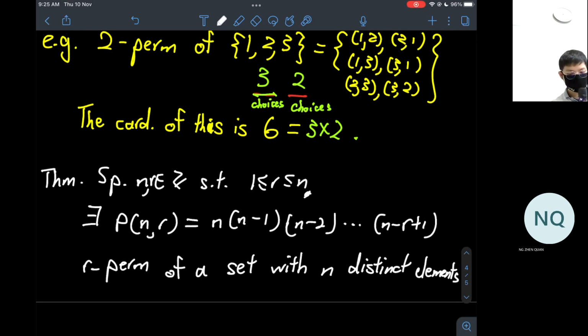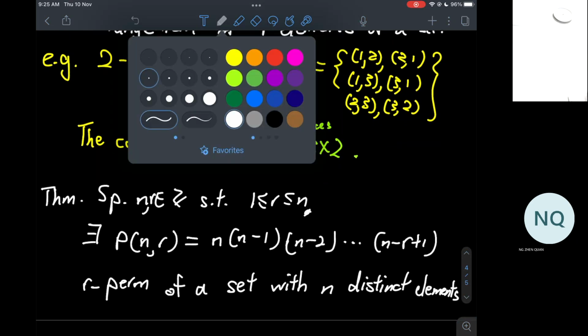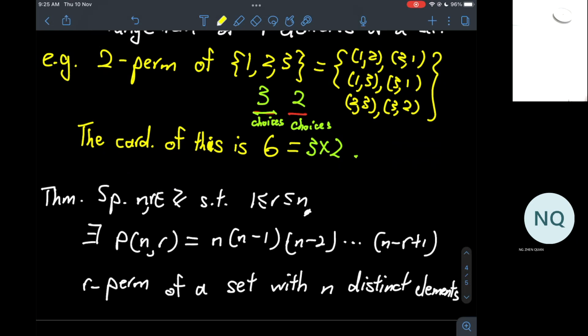When you see this kind of formula, you can just plug in numbers first and then see whether it makes sense or not. I'm now teaching you how to read this. For example, in the previous case we got P(3, 2).